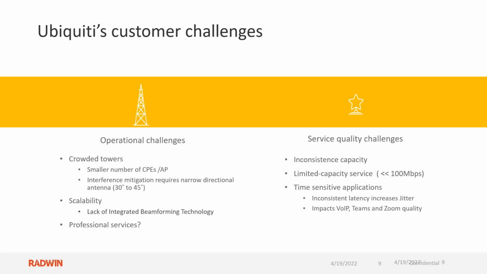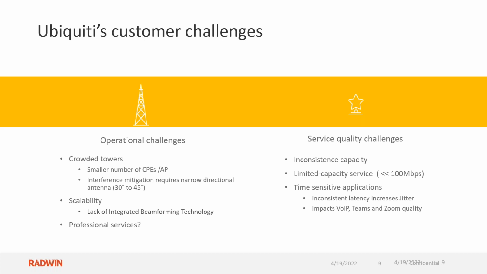When I get a lot of access points up there, I'm paying more for that tower space. That also creates a potential for interference. We're going to talk about this a little later, but on the Ubiquiti side, a lot of times, in order to mitigate interference, they require going to a narrower antenna.